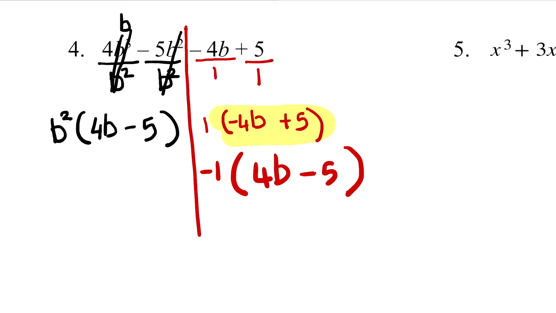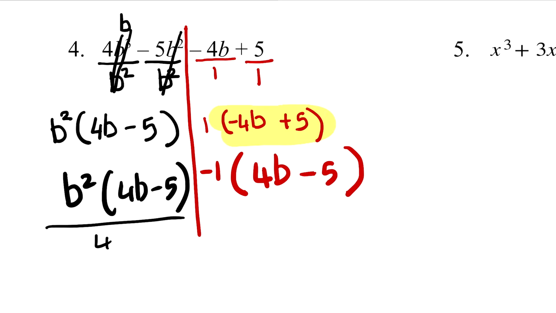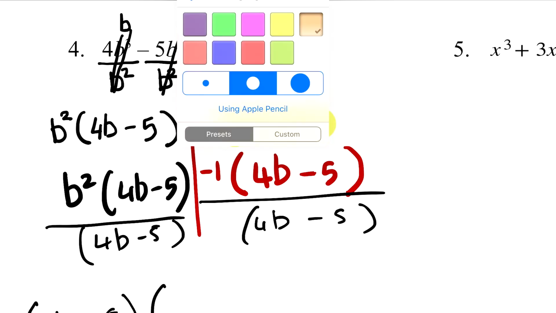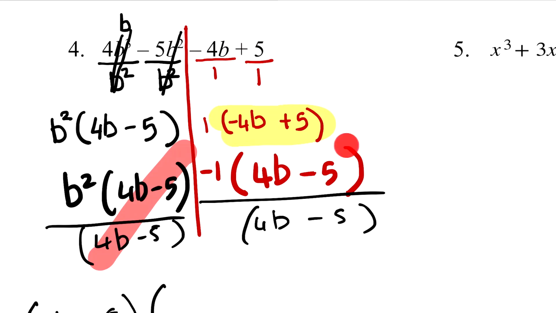So I'm going to take out a negative 1, and that is going to do the trick. Now, what do they have in common? They have a 4b minus 5 in common. So I'm going to take that away. First, let's write down what they have in common. And if you take that away, just imagine taking that away like this and that.